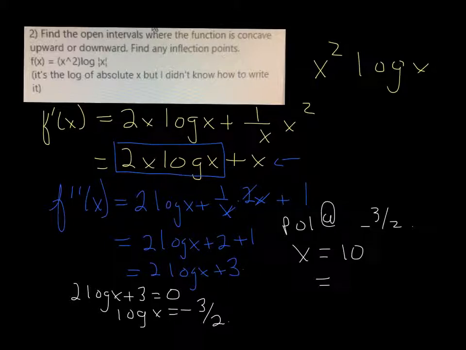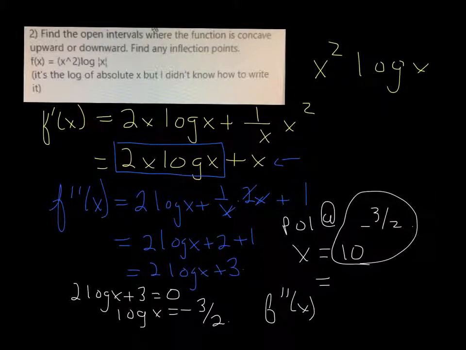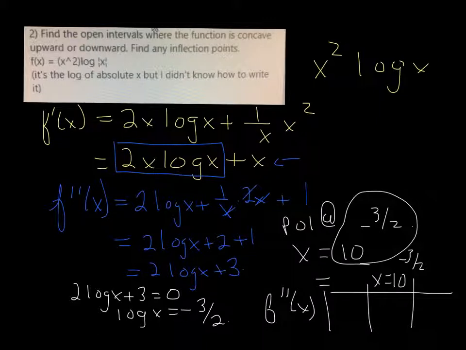So again, similar to the last question, when you work this out as a decimal answer, if you create a chart and you have a look at what the second derivative is doing before and after the value that we just found, so our value is x equals 10 to the negative 3 over 2, you're going to choose an x value less than that and an x value greater than that.